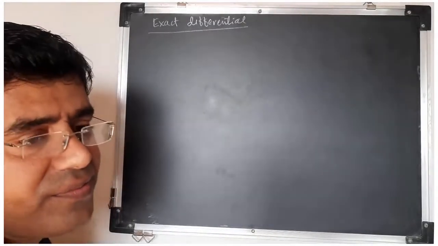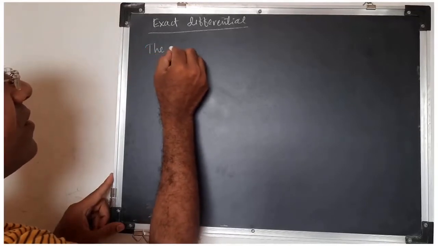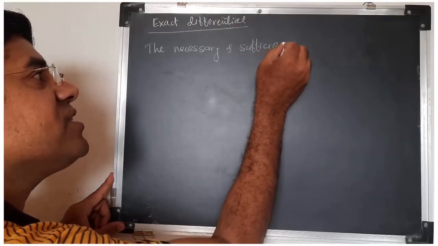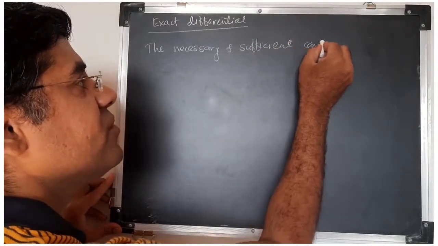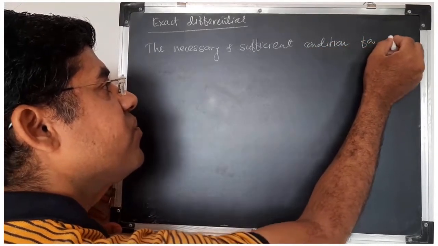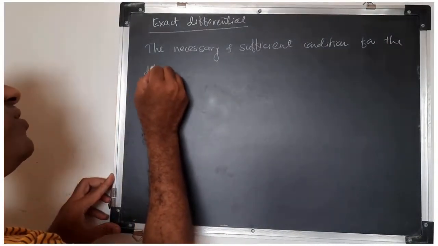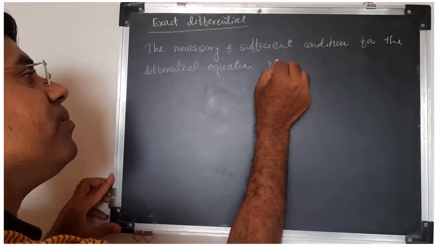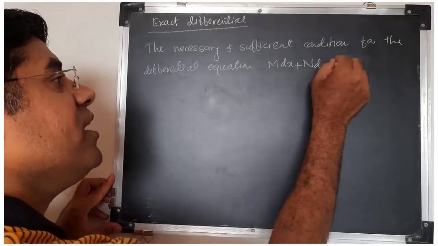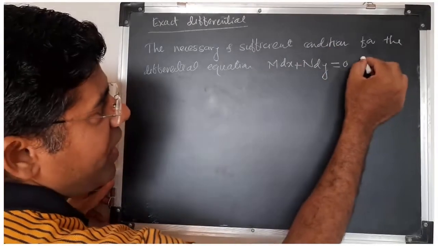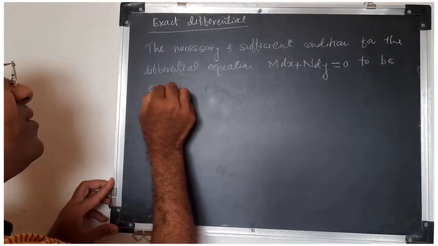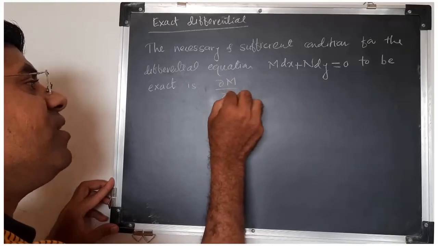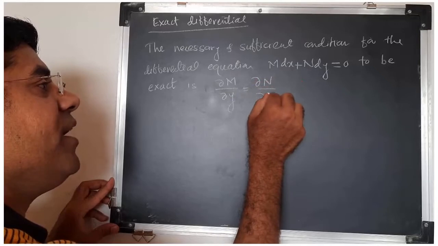In calculus there is one theorem, and the theorem is: the necessary and sufficient condition for the differential equation M dx plus N dy equal to 0 to be exact is that the partial derivative of M with respect to y equals the partial derivative of N with respect to x.